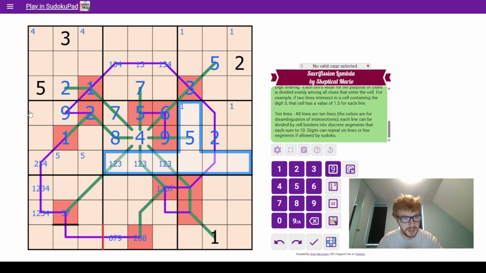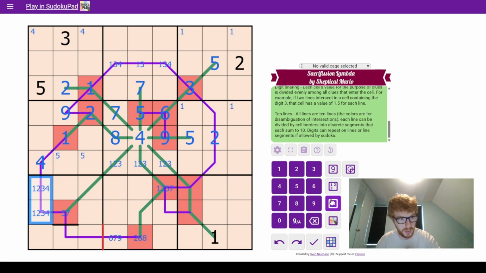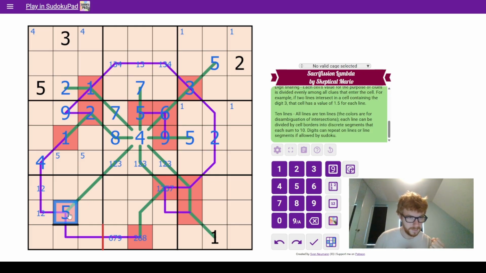I don't have 3 yet here. Oh, 2, 3. So we know that that's a 4. So we know that that is a 1, 2 pair. Now we know that this is 7. So this has to sum to 6. So that's a 5.